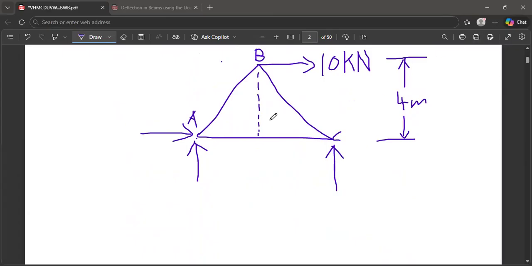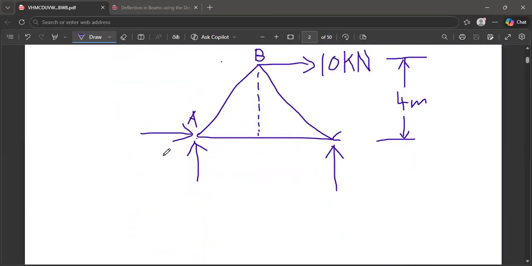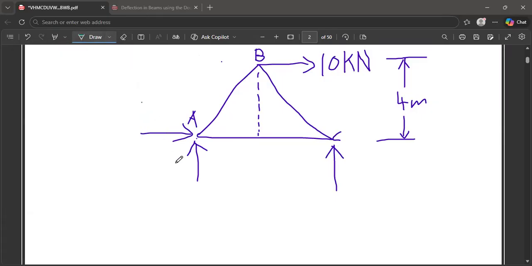So this becomes our horizontal force at A. Better still, I could write them with different colors for safety reasons. So let me name our reactions.